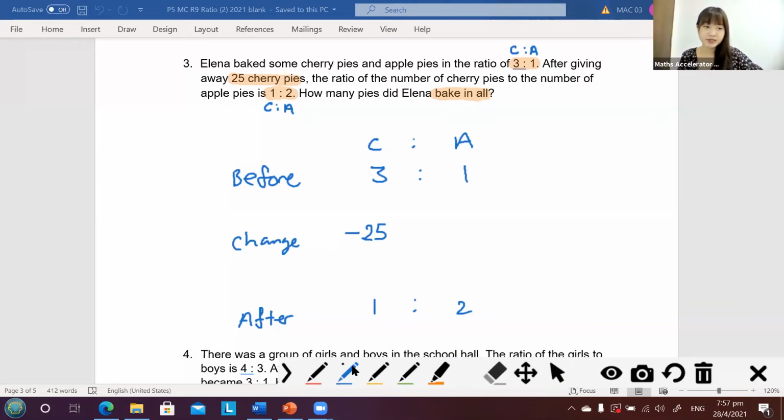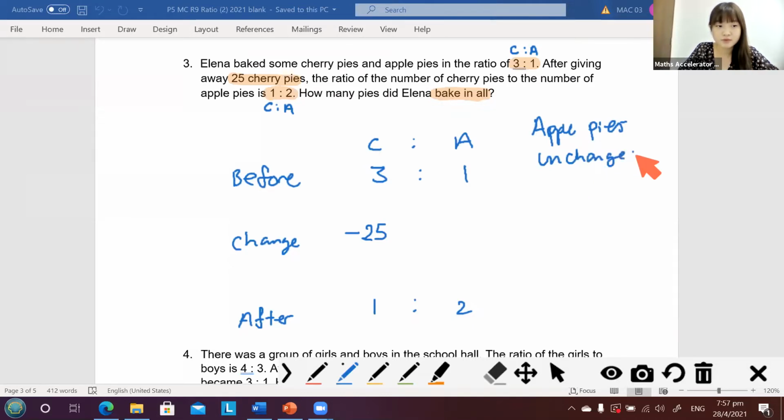It should be apple pies, because if you read the question, nothing happened to the apple pies. They only mentioned giving away 25 cherry pies. So apple pies unchanged. Those of you who put cherry pies, go and read the question again.